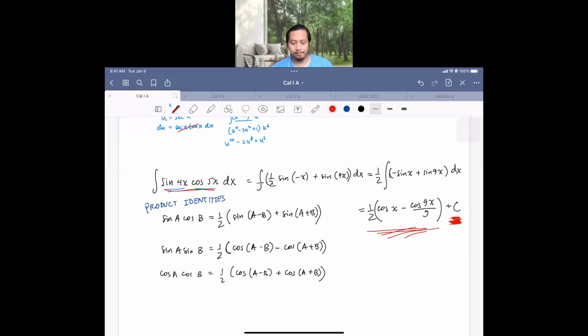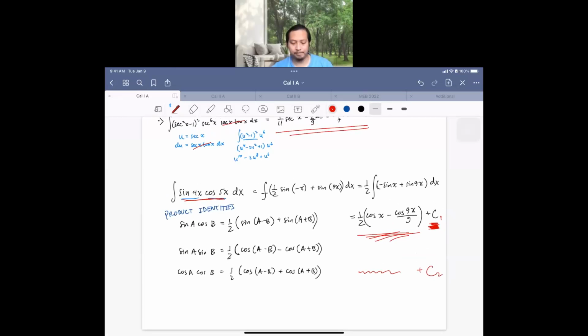Maybe you get a different result with another method, but it still has the plus c. But the question is, are c1 and c2 the same? It's not the same, right? Let's make these two results equal because of the constant. That's just some notions to let you know.